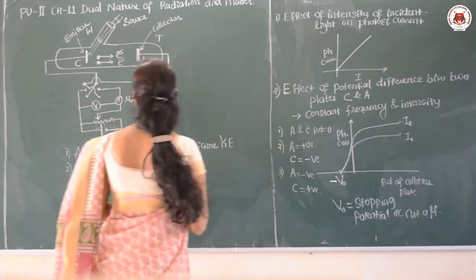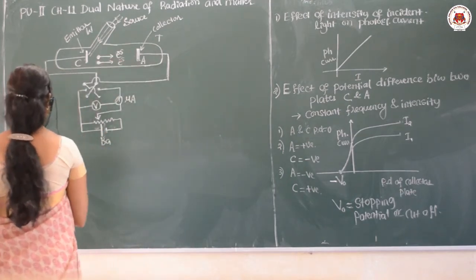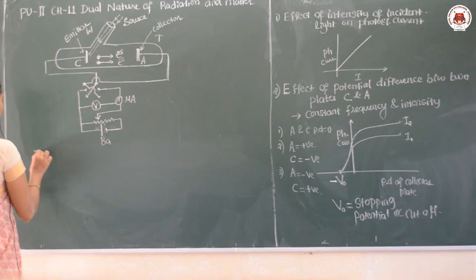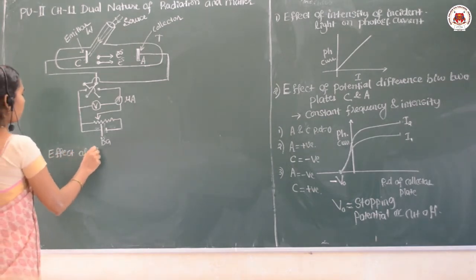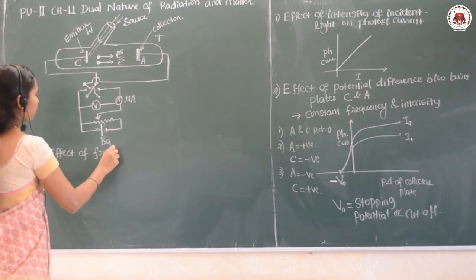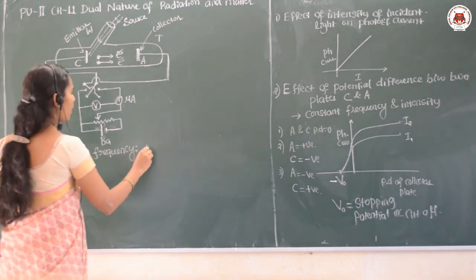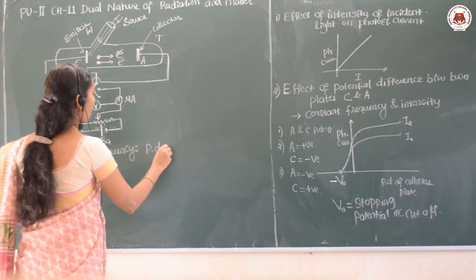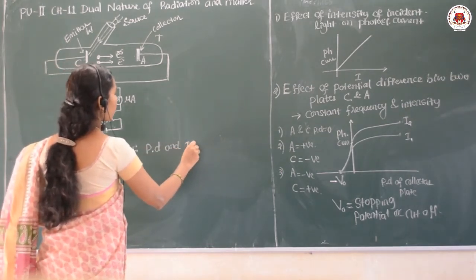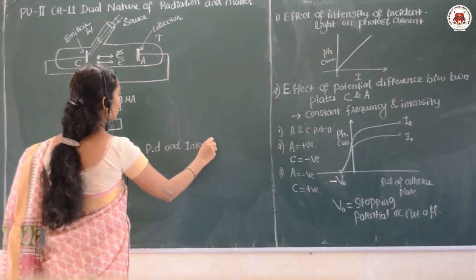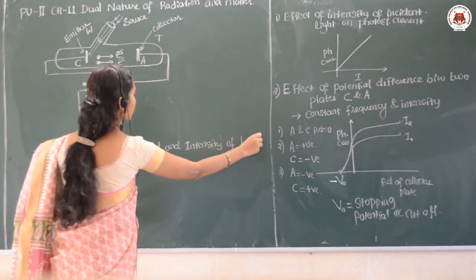Now the next factor to be discussed is the effect of frequency. Here we keep the potential difference and the intensity of light constant. Intensity of light remains constant.